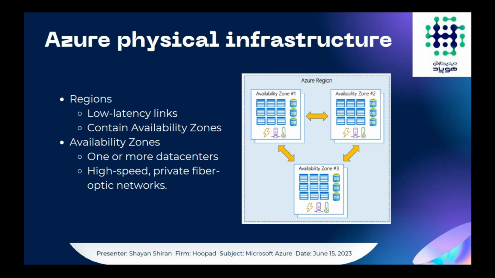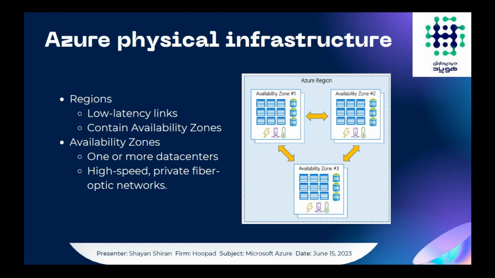Regions have one or multiple availability zones. It is said that to reach a resilient infrastructure, you should have three availability zones inside an Azure region. And what is an availability zone? Again, an availability zone is a smaller scale of a region.